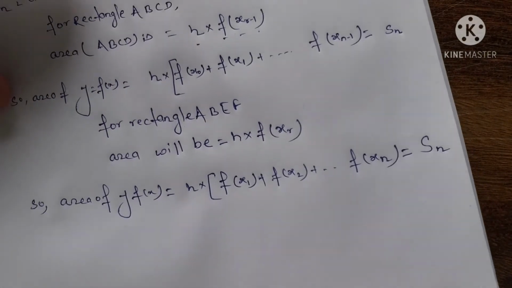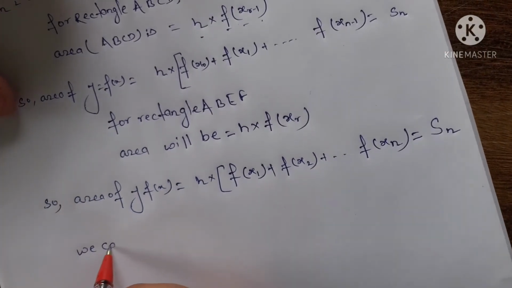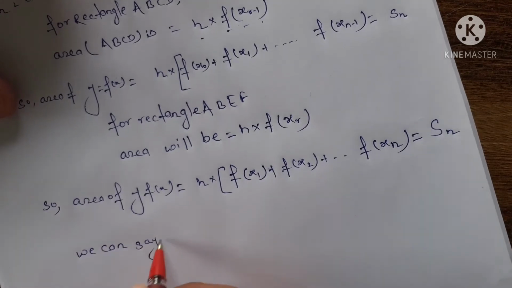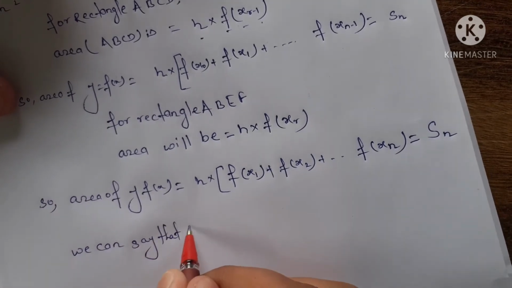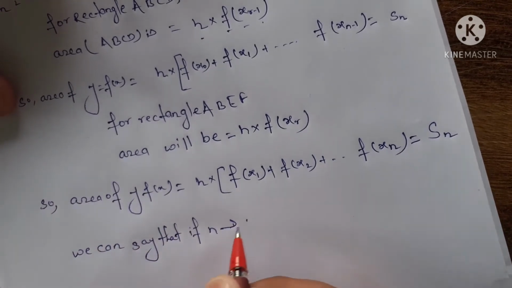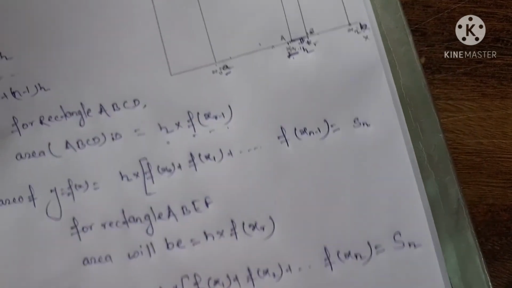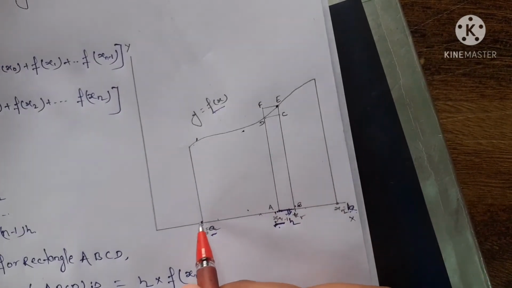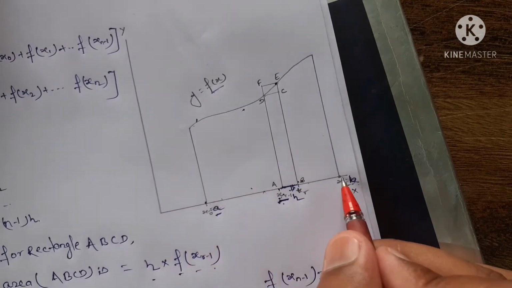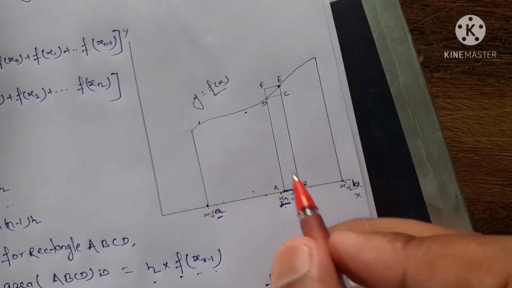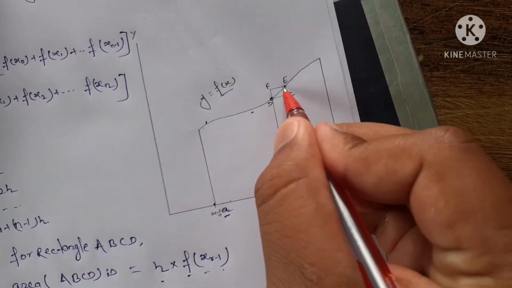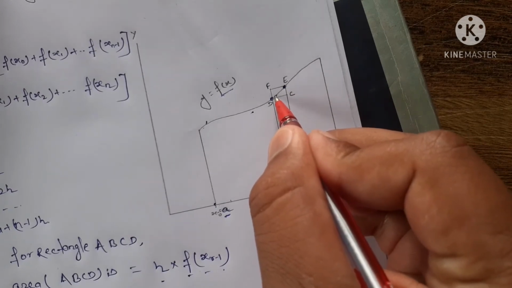Clearly we can say that if n tends to infinity, it means if we divide the interval AB into infinite parts, then this point and this point will be nearly close to each other.